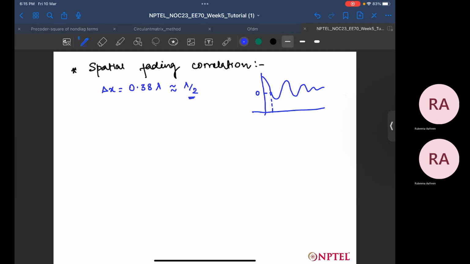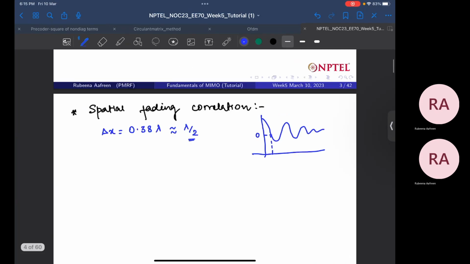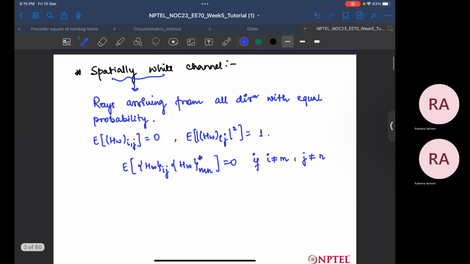If correlation is there, then the channel matrix will be modified. Here, in the spatially white channel, we have seen that the channels are uncorrelated; the correlation is 0.